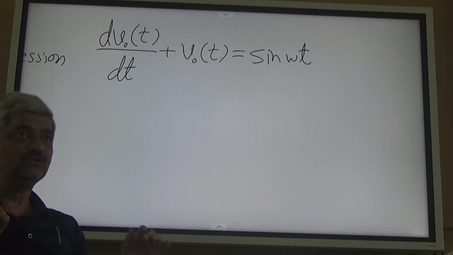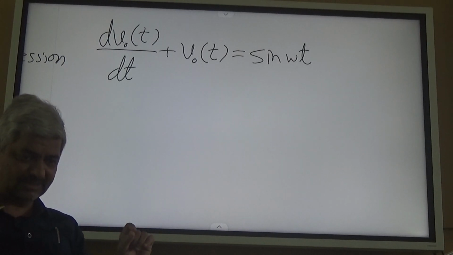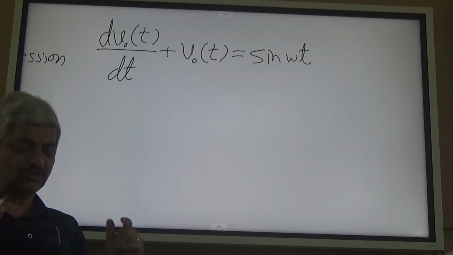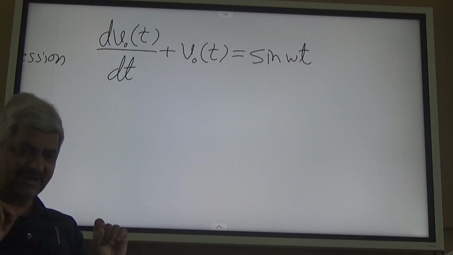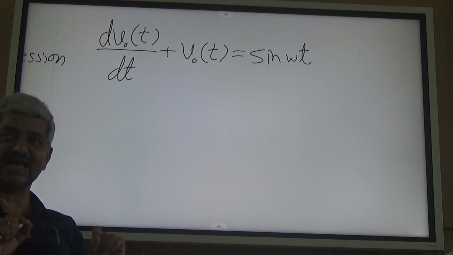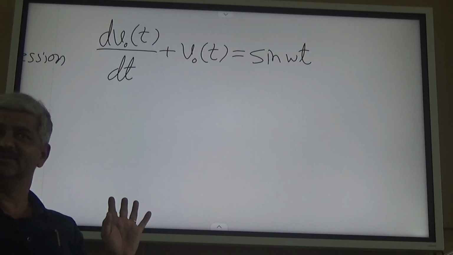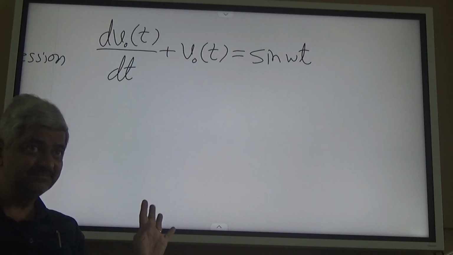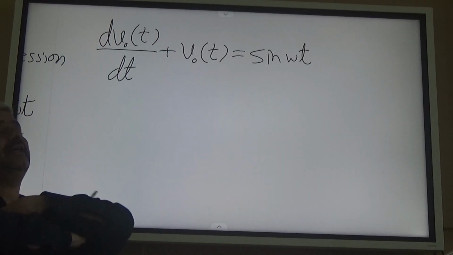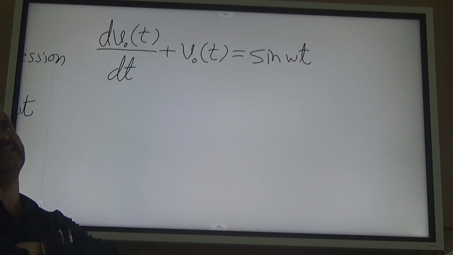Is it clear? So if I say that C1 sine omega t plus phi 1 plus C2 sine omega t plus phi 2 is always C3 sine omega t plus phi 3. Right? Everybody agrees? Then it is called an analytic signal. How many times you may differentiate or integrate? What is the differentiation of sine omega t?